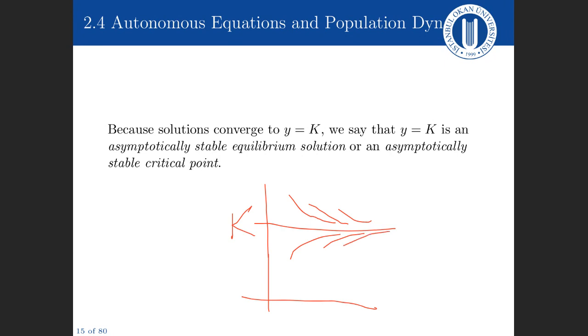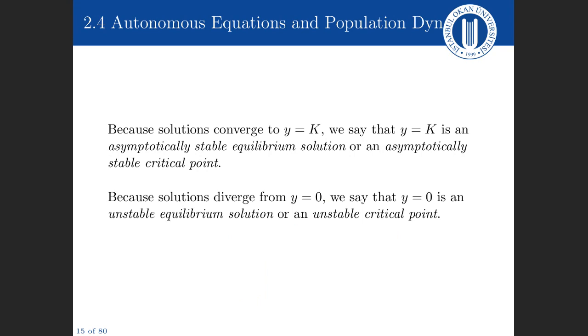We say that y equals k is an asymptotically stable equilibrium solution, or equivalently, an asymptotically stable critical point. Solutions were moving away from y equals 0. We say that y equals 0 is an unstable equilibrium solution, or an unstable critical point.